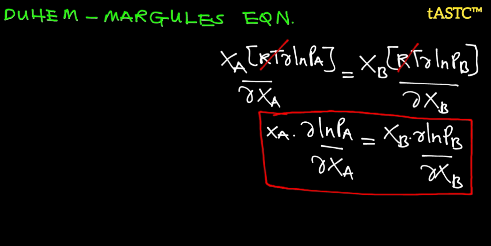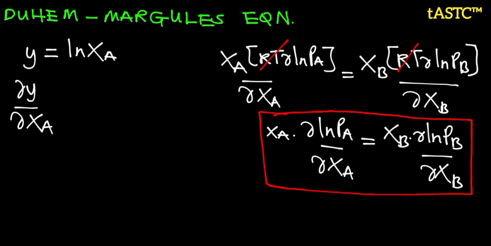Now, if I had d ln xa, or let me take it back. Let's say you had a y, and y is equal to ln x sub a. If you have this function and you are required to find the derivative of it, what is that going to give? You are going to have dy over dx sub a, right?